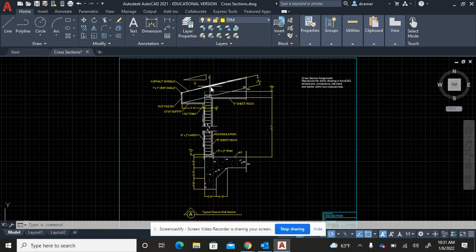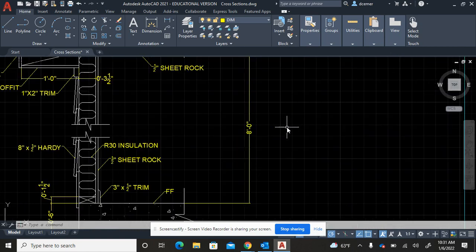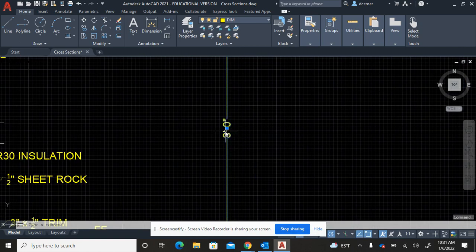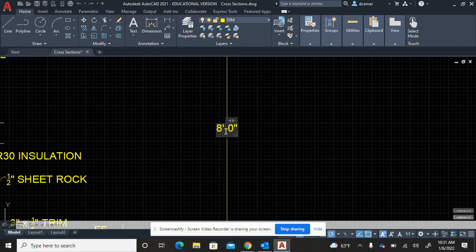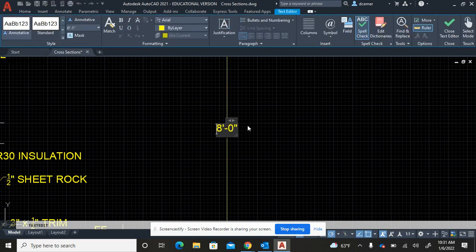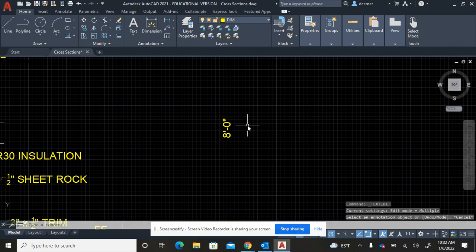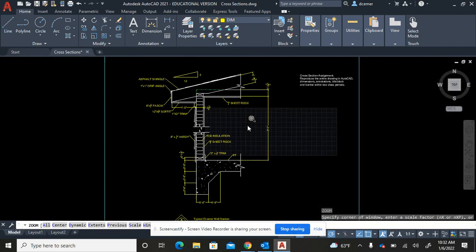The only other thing that I would point out about the dimensioning that is new and we have not practiced is I did an override on this dimension right here. I manually double clicked and typed the 8'-0" because it was a different dimension. Why was it a different dimension?